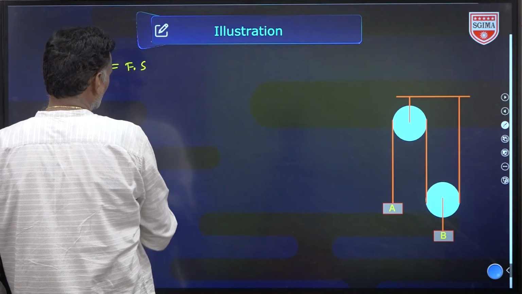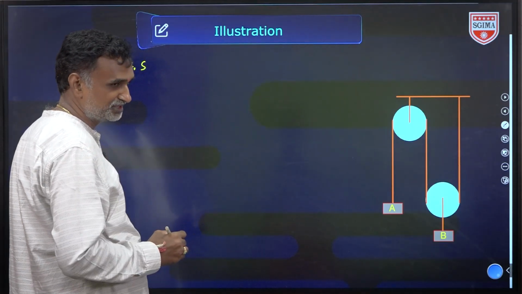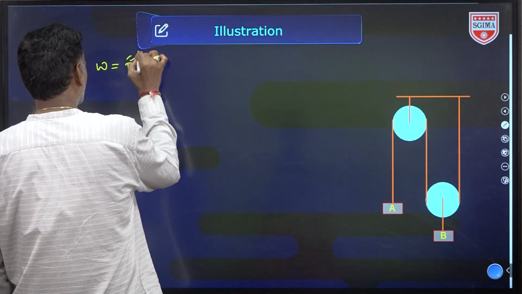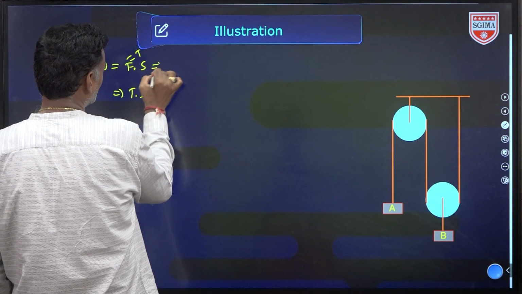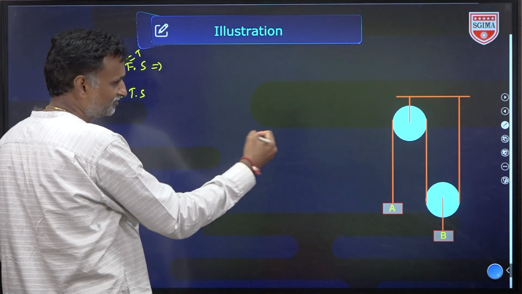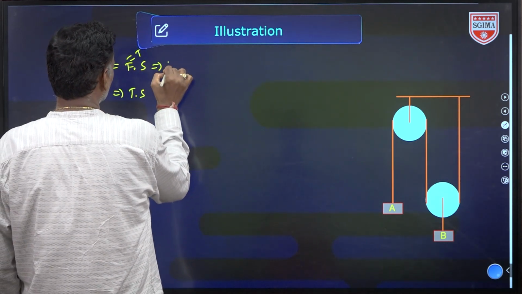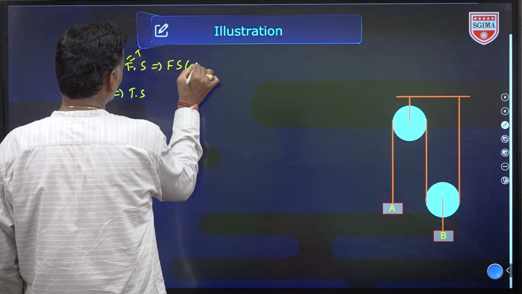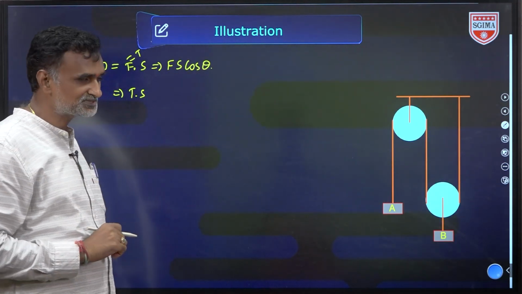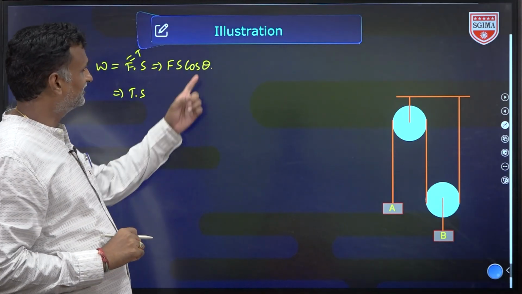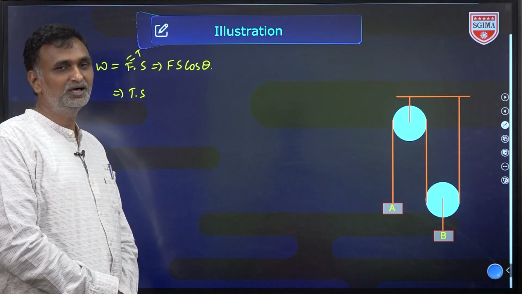Generally F dot S, and here the force acting on the body and pulley will be tension, so that's what I took here, T, okay. So T dot S, or F only you can write, no problem, okay. So here F s cos theta for any angular position we can get. Depending on theta only we can define work done, whether it is positive, negative or 0.